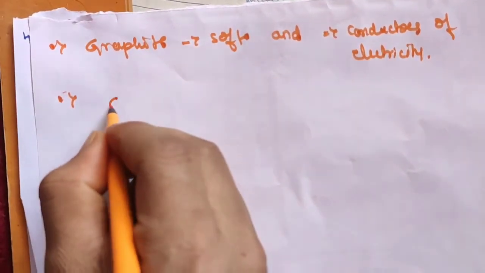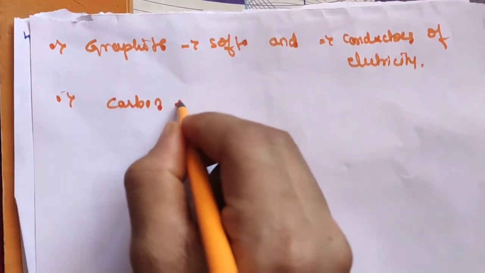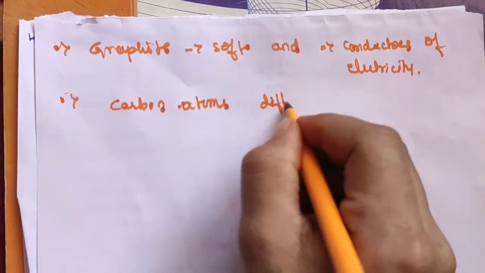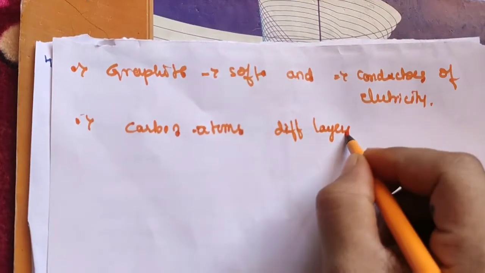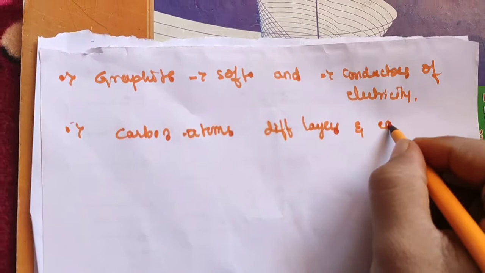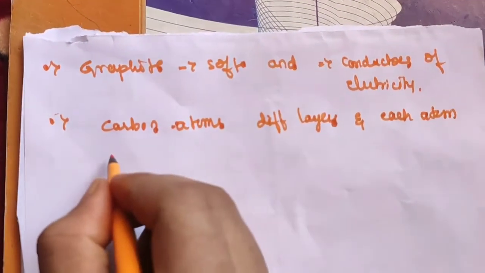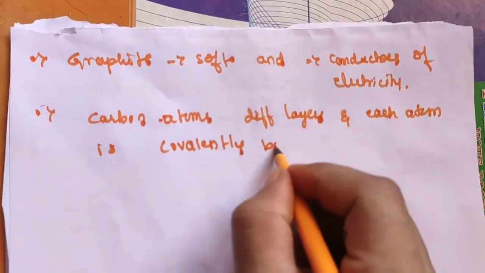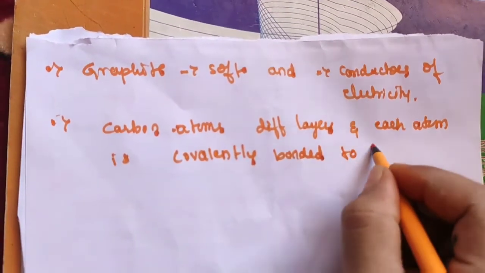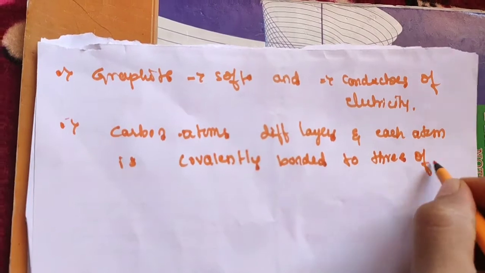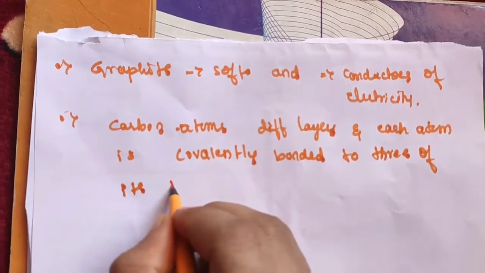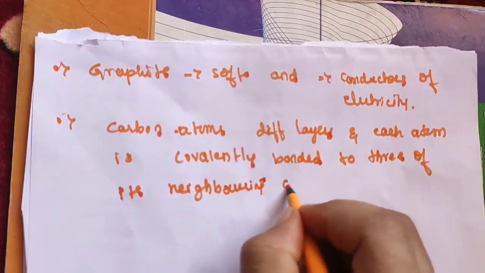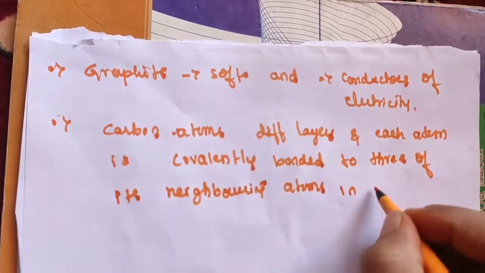Here the carbon atoms are arranged in different layers, and each atom is covalently bonded to three of its neighboring atoms in the same layer.